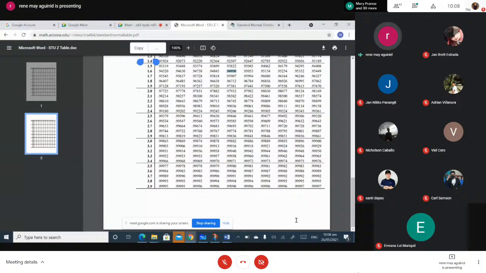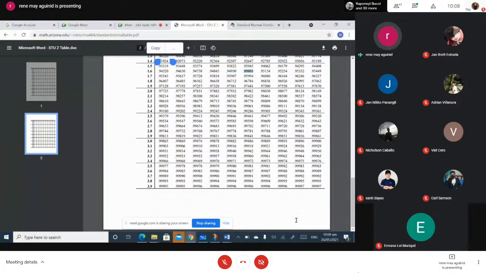0.9495 is kulang og 0.0005 para mahimong 0.95. Kani siya is sobra og 0.0005. Asay duol sa 50 ug sa 53?